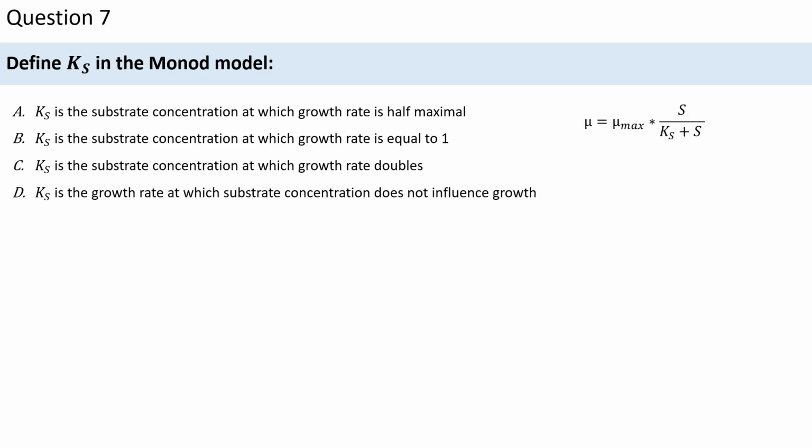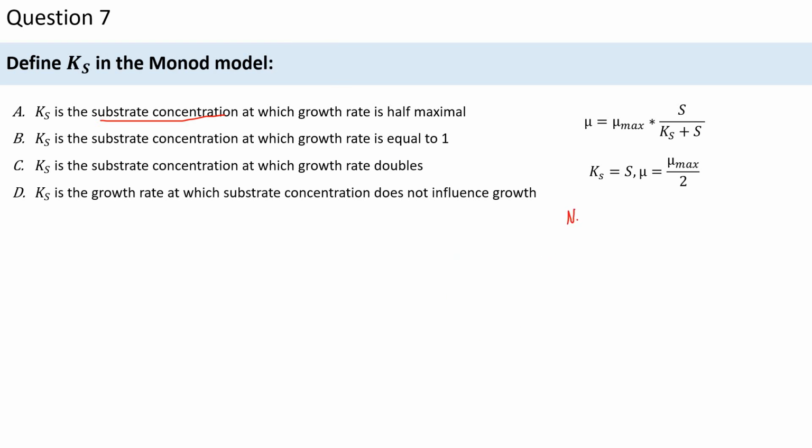So again, we will just write the equation. Mu is equal to mu max S divided by Ks plus S, right? So they are saying, define Ks in the equation. Ks is the substrate concentration at which growth rate is half maximal. So what if your Ks is equal to S? What happens?